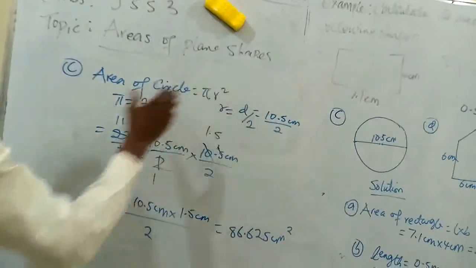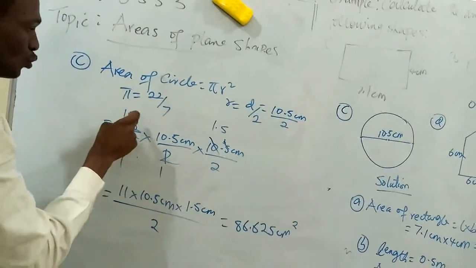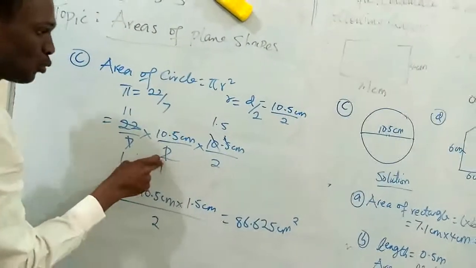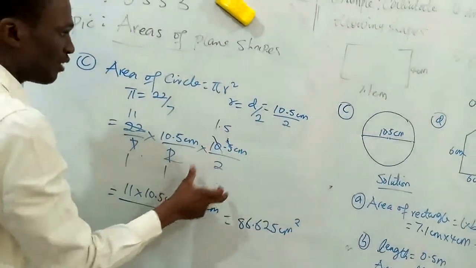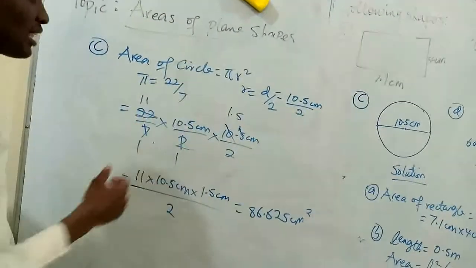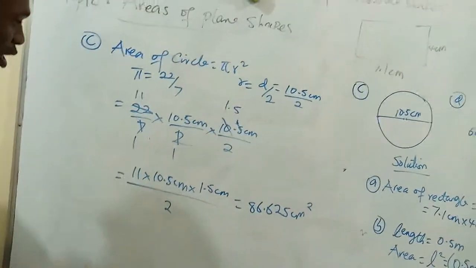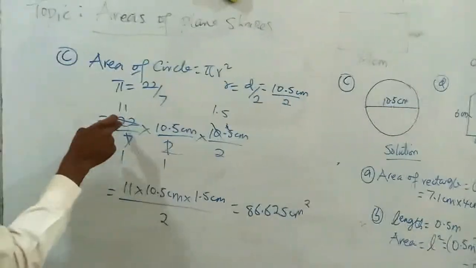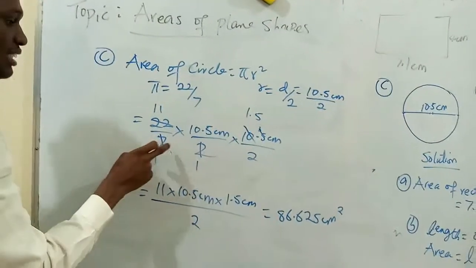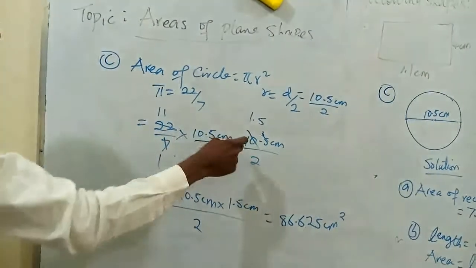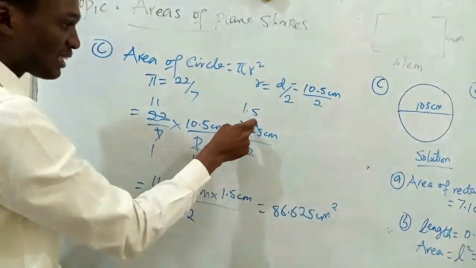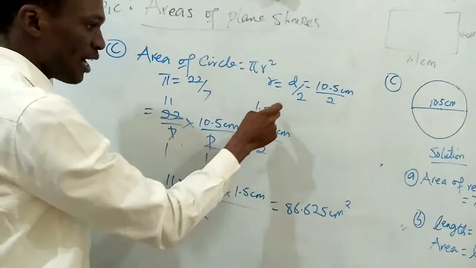So we apply our formula pi r squared. Pi is 22 over 7 times 10.5 over 2 times 10.5 over 2. R squared means r times r. At this point we cancel out. 2 into itself is 1. 2 into 22 is 11. 7 into itself is 1. Into 10 is 1. Since we have a point, we add the point. Remember 3. Into 35 we have 5.